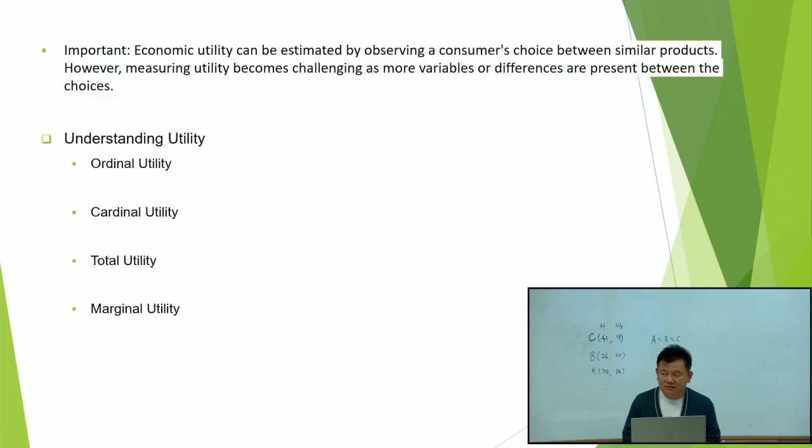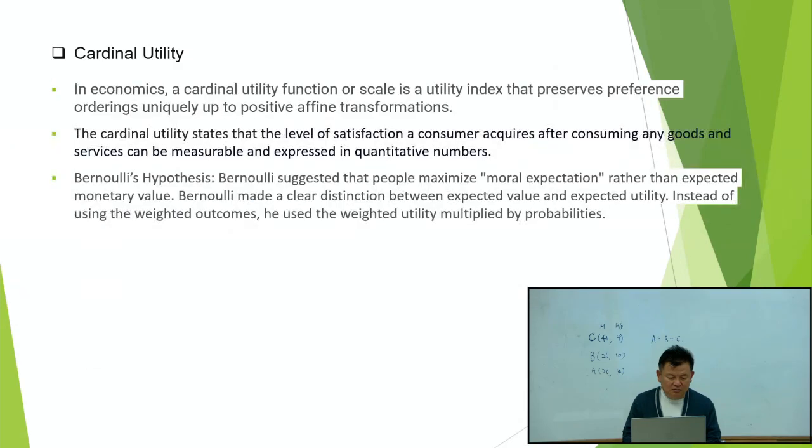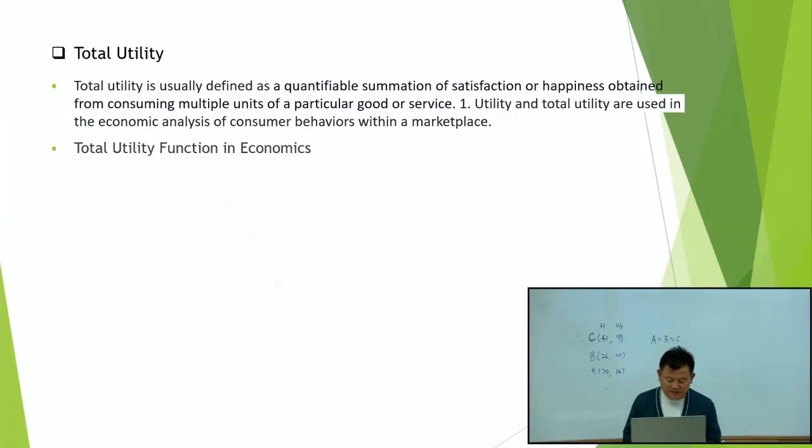Also, understanding utility, as I said, we have kinds of utility: ordinal, cardinal, that's it, and total utility and marginal utility. Okay, let me show you total utility defined.